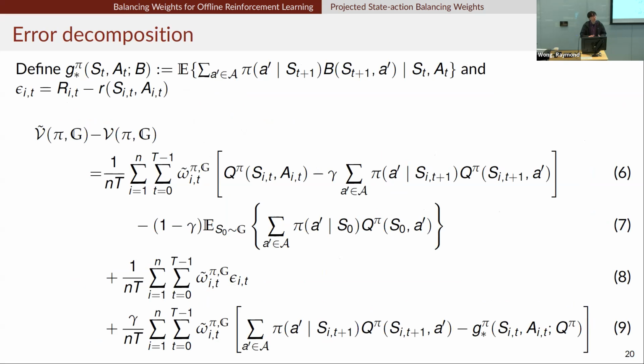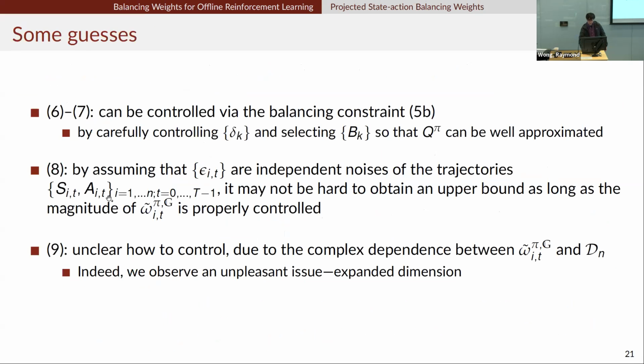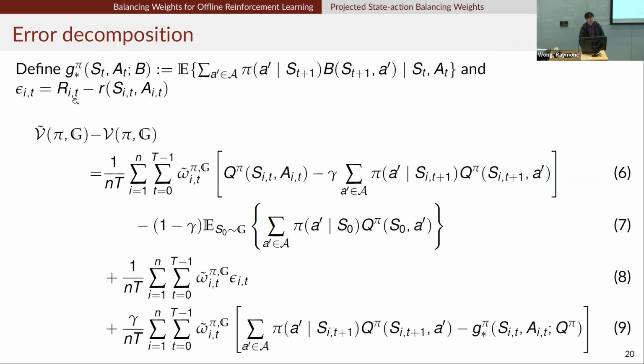If you condition on all these state-actions, then the weights become fixed in this conditional world, and this epsilon is still random. So if you have some nice conditional independence assumptions on epsilon, this term can still demonstrate some concentration. So this term might be okay.